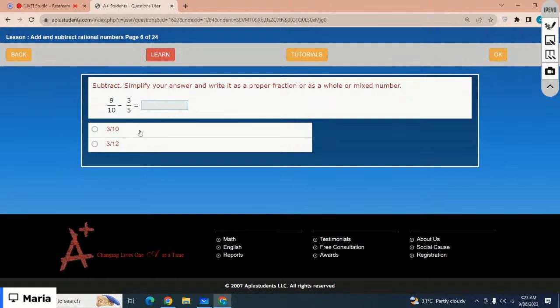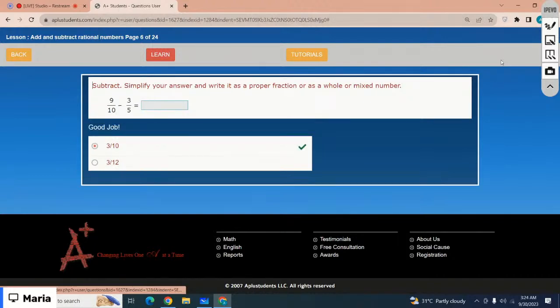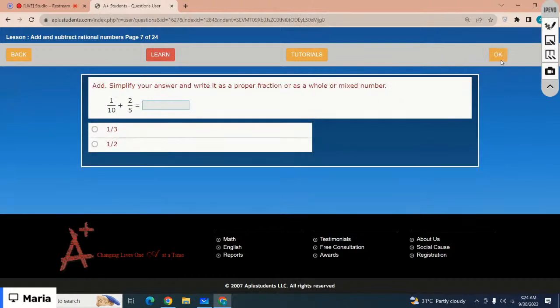The correct option is 3 over 10, right? 1 by 10 plus 2 by 5, which is the correct option? The correct option is 1 over 2, right? It is 1 over 2.